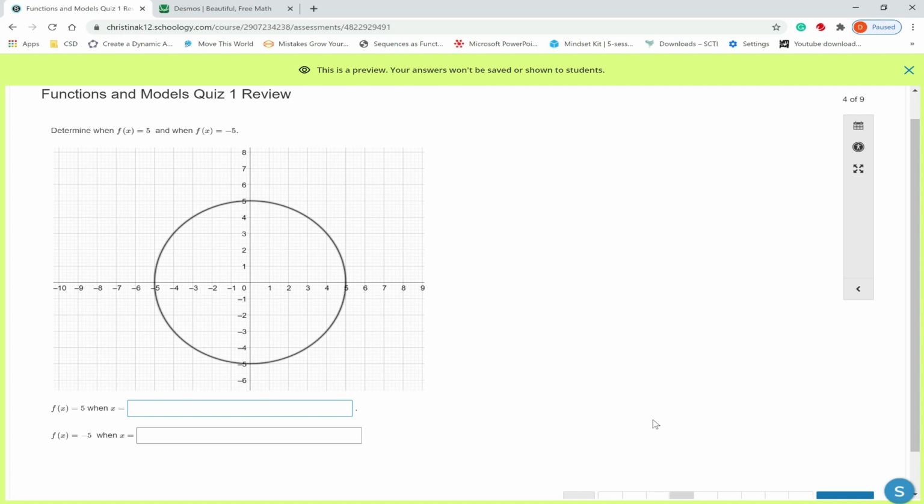Determine when f of x equals 5. We're looking for the y value 5, and that is when x equals 0. We want to know when f of x equals -5. We find -5 on the y-axis, and again, that is when x equals 0.